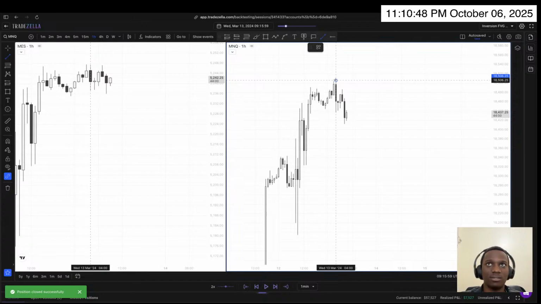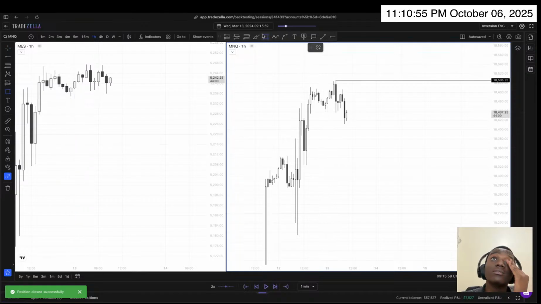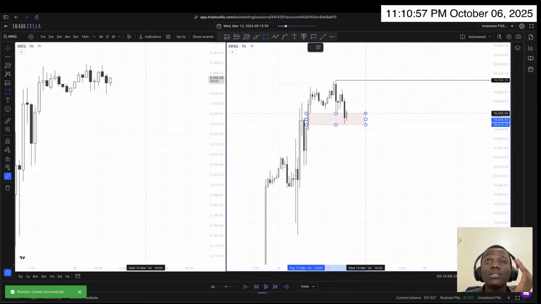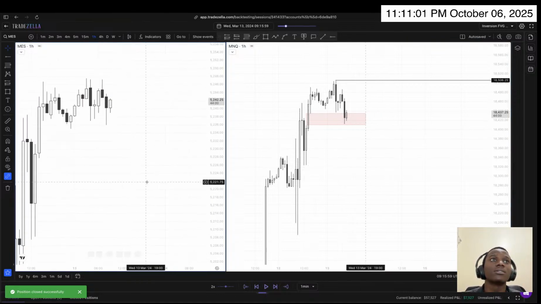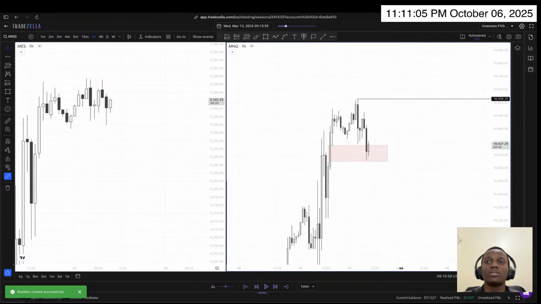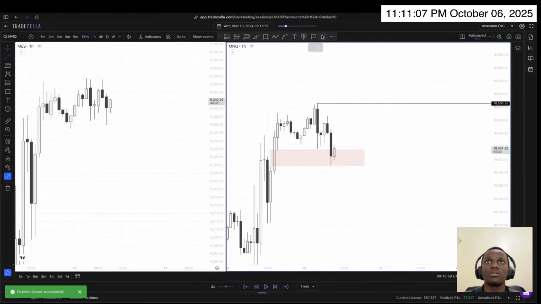We have buy side liquidity. We are in a good 1 hour fair value gap here, paired with another block, which is good. And price ran this low, pretty much the same thing on ES. So this is like an internal sweep, I mean external sweep.